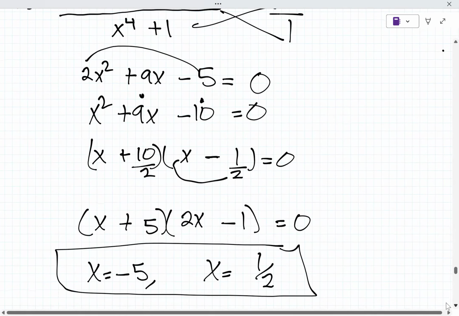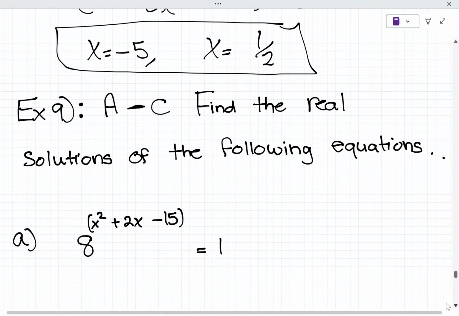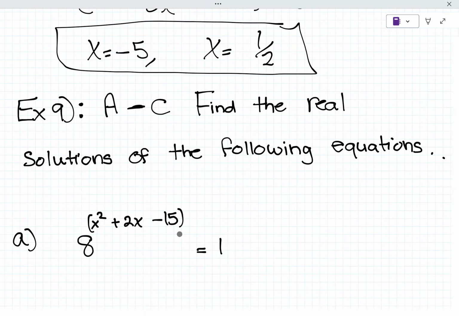Okay, example 9. It says find the real solution of the following equation in A through C. So this one's a little bit strange. Letter A says we have 8 raised to the x squared plus 2x minus 15 equals 1. So what you want to do is put it in a common base, because once you put it in a common base, you can ignore the base and bring down the power.